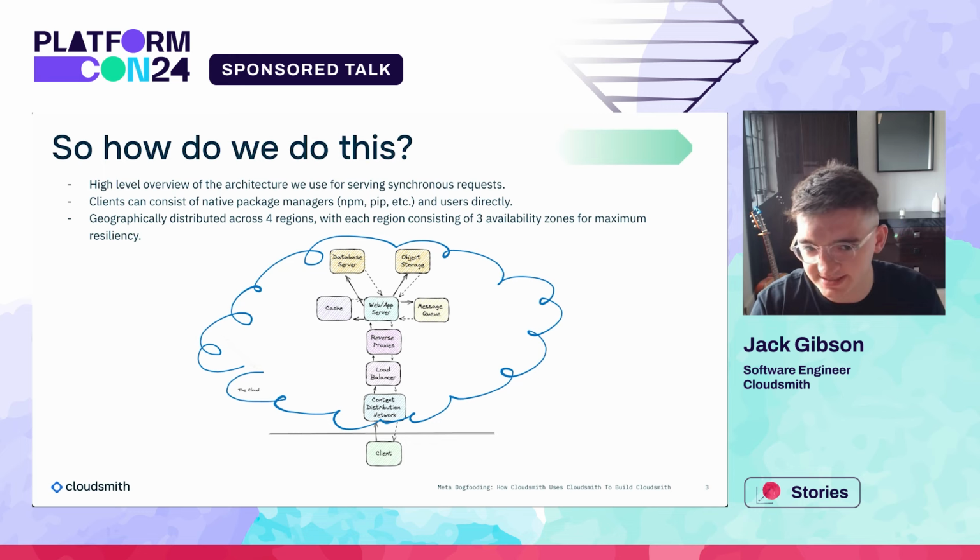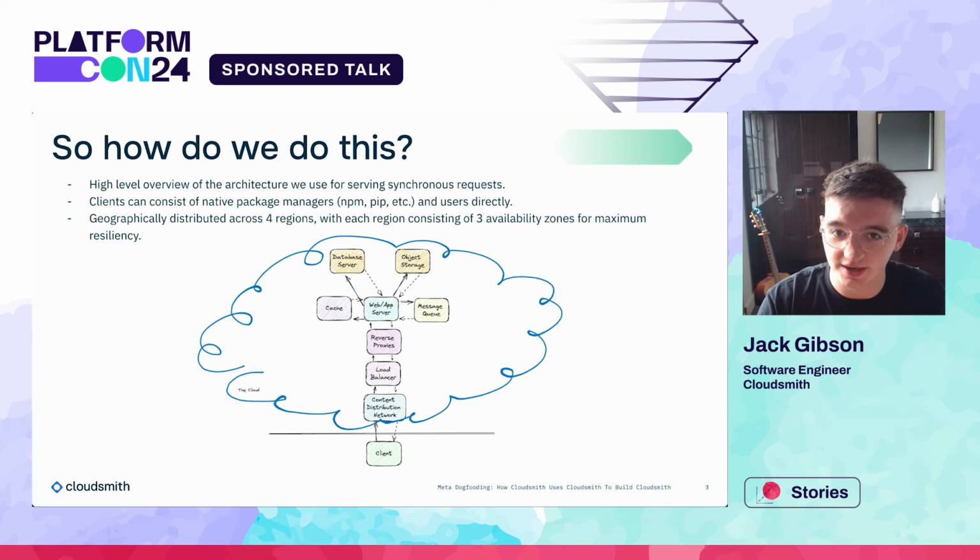For simplicity in this diagram, I've encapsulated the web and worker nodes within the web app and server box, but ultimately these are deployed as an ECS cluster, which contains distinct services for asynchronous processing and synchronous processing, like this diagram shows. Within ECS itself, we use the Fargate launch type. So the app is packaged into containers. This enables quick and easy scaling when we need it. So far, it's worked pretty well for us here at Cloudsmith.